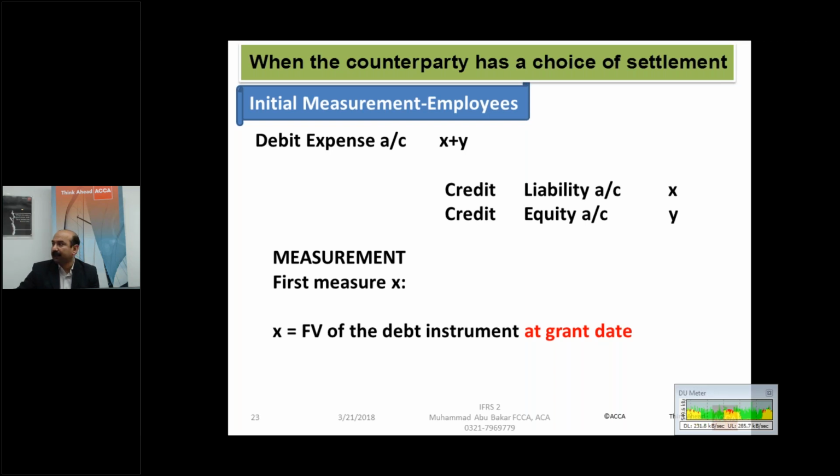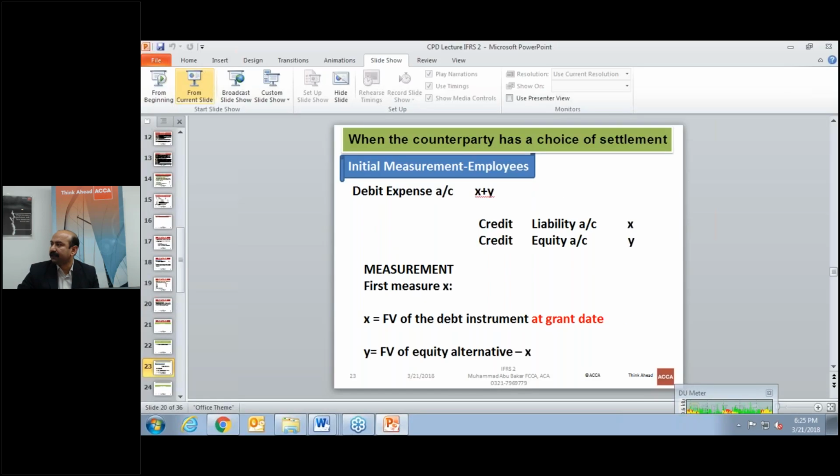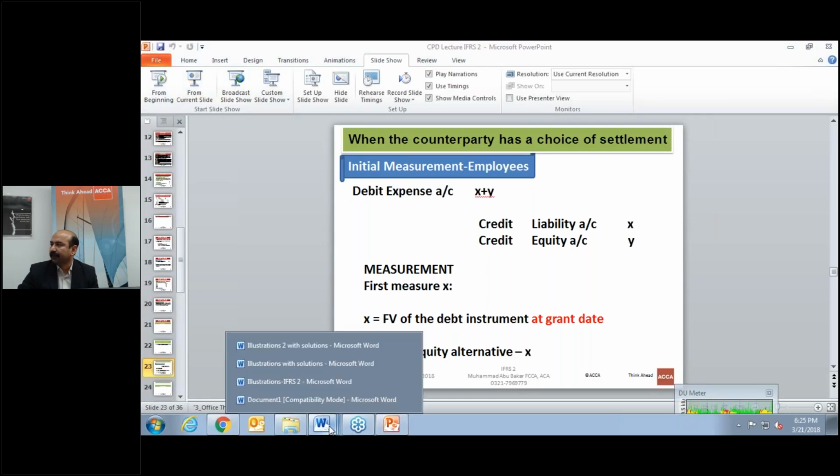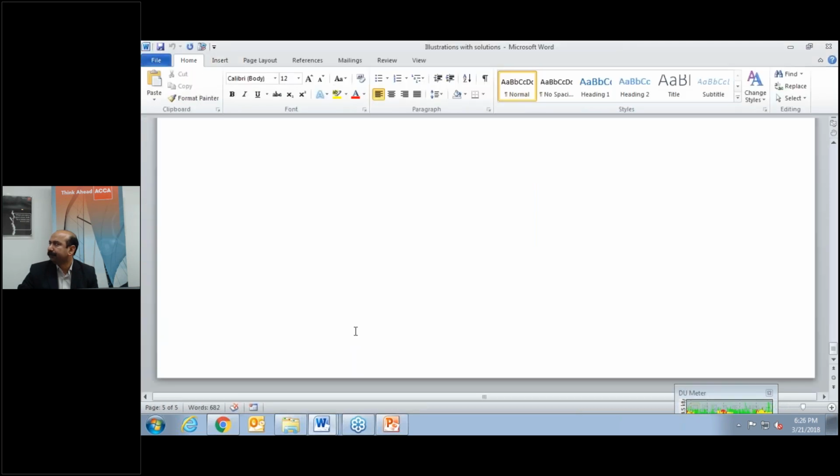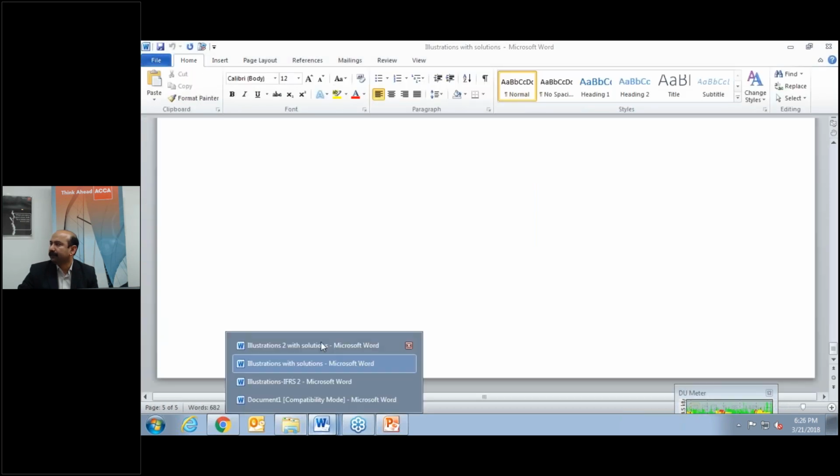Now let's have a look at illustration number 6.